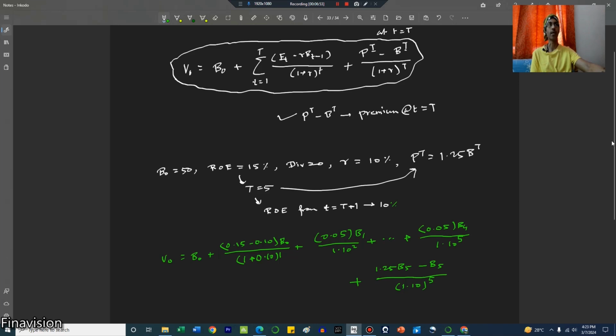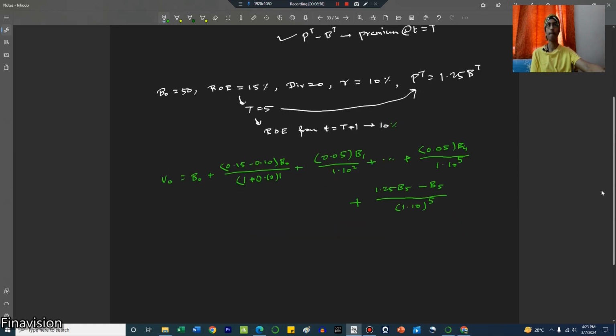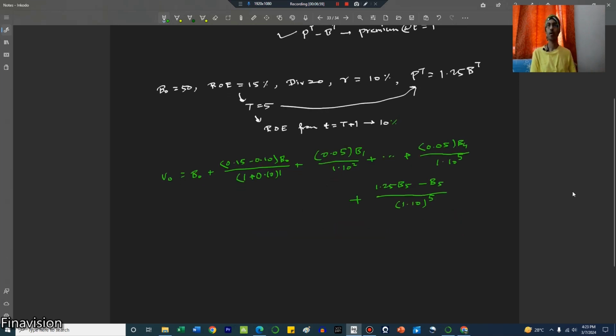Now we quickly calculate the value here, guys. This is equal to 50 plus 0.05 into 50 by 1.1. This will be 0.05, and we have to calculate B1. B1 is basically 1.15 into B0.